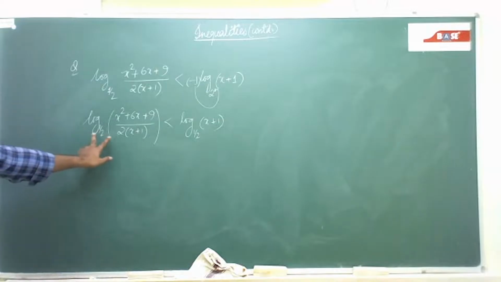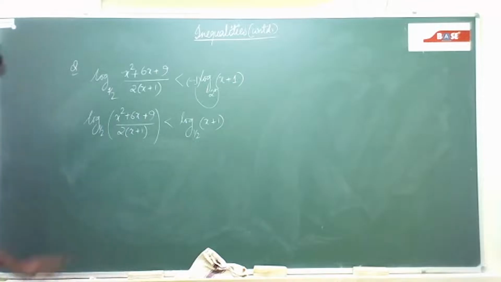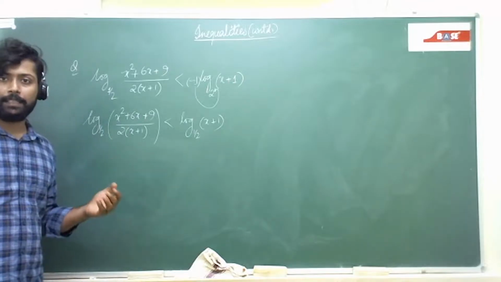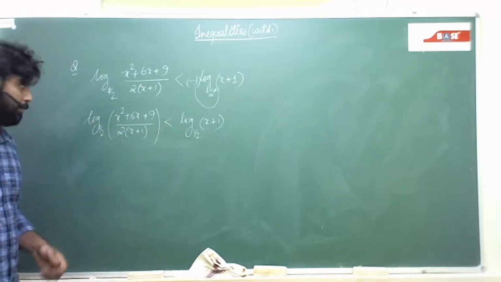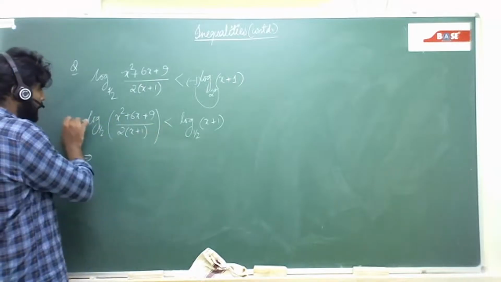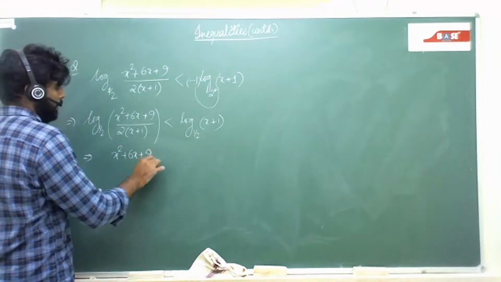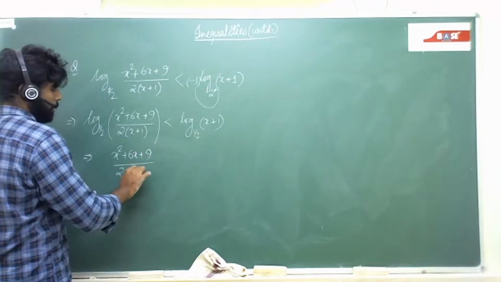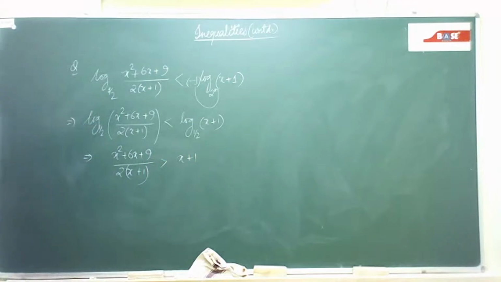Look at it properly, log base half we can neglect and I'm taking the antilog, but as the base is less than 1, it is decreasing monotonic, and hence the inequality sign will get changed. So final thing that we will be having is x square plus 6x plus 9 divided by twice x plus 1 is more than x plus 1. That's very clear to us.